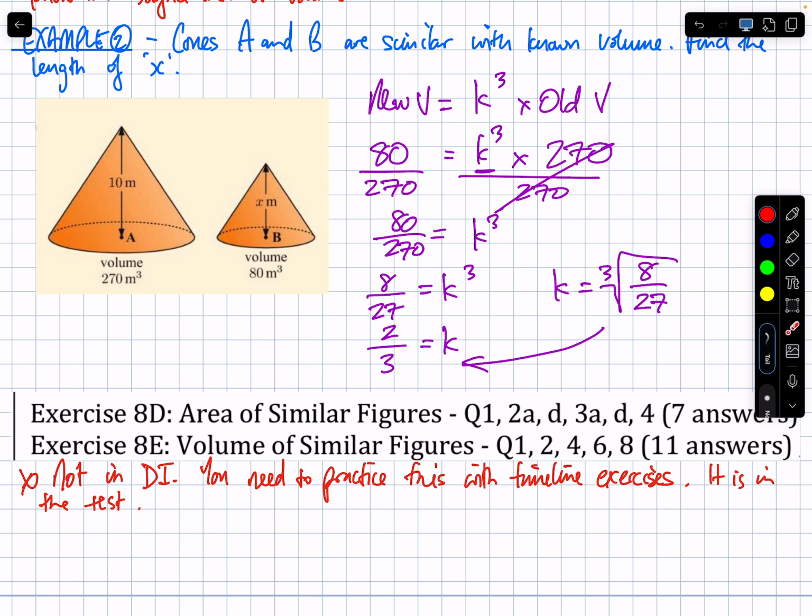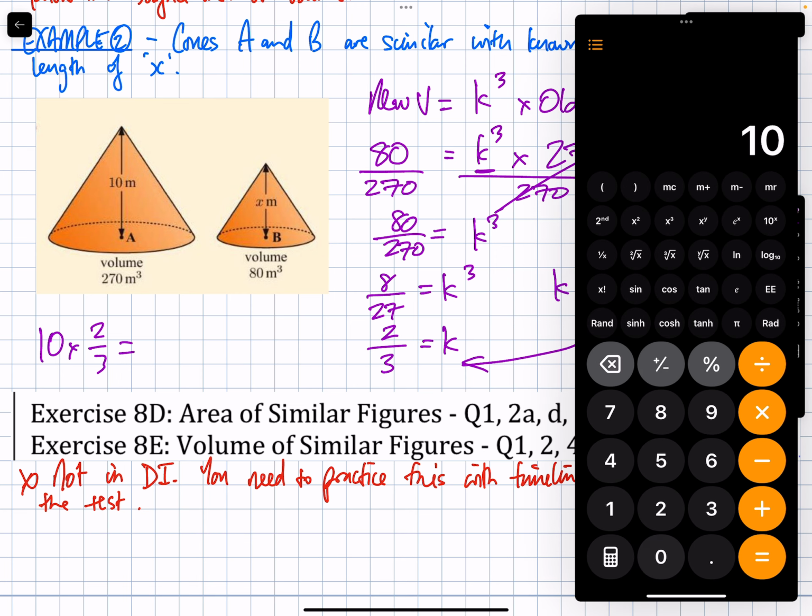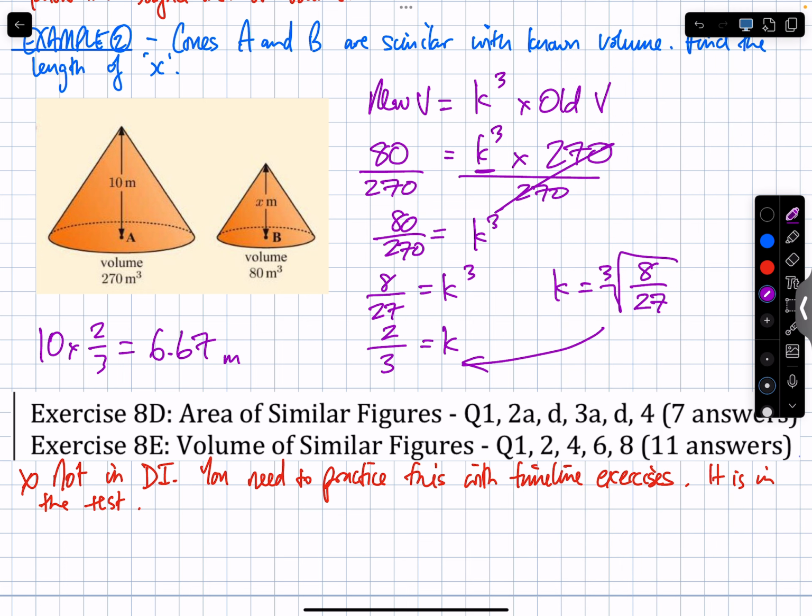So I go, okay, 10 times by 2/3. Is k like 6.67 meters? That is x. Okay? I'll stop the recording.